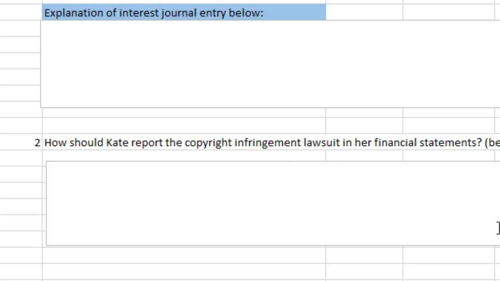How are lawsuits covered in the financial statements? You don't need to say specifically what number she would put in this area. That's not what this is about. It's about a discussion of the concept of how things like lawsuits and other contingent liabilities are recorded and would be provided for the users of the information in the financial statements. So explain that here. Make sure that you're detailed enough to show that you understand what a contingent liability and a lawsuit are all about.